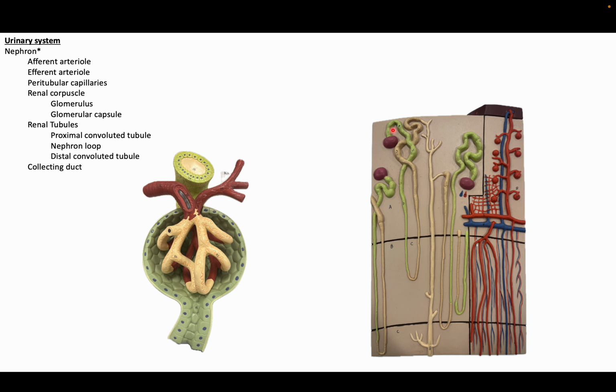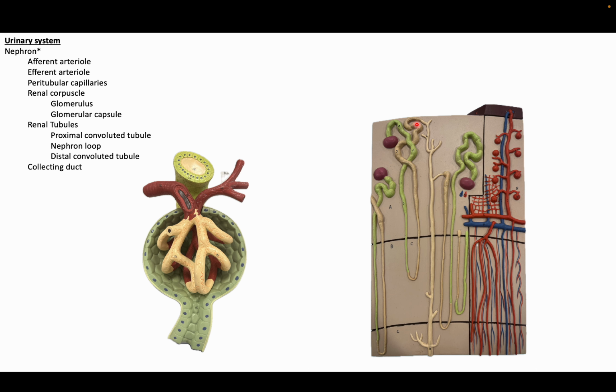The loop that starts off very close to the glomerulus capsule is called the proximal convoluted tubule. The proximal convoluted tubule is going to go down here into the actual nephron loop. We have the descending nephron loop, and then we have the ascending nephron loop. The nephron loop, once it gets further out, becomes the distal convoluted tubule.